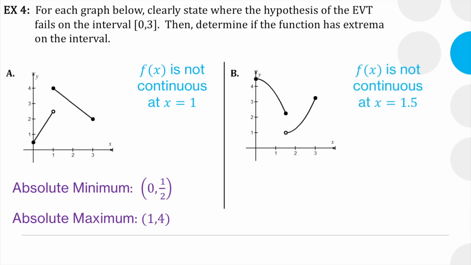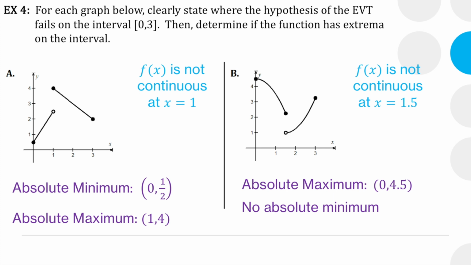Graph B, f of x is not continuous at x equals 1.5. We have an absolute maximum at 0, 4.5. We don't have an absolute minimum, though, because that open dot right there where the minimum would be, the graph never quite reaches it.